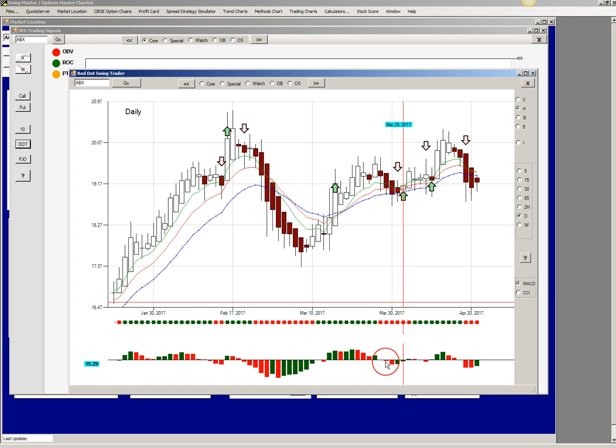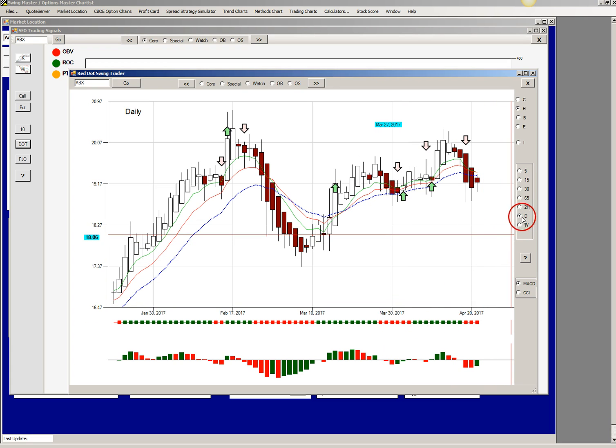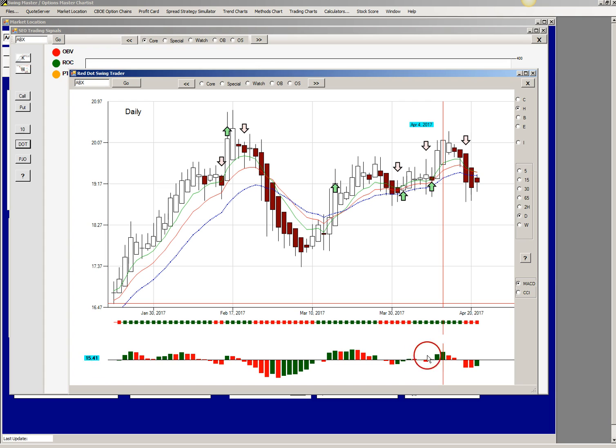The bottom indicator panel is a histogram of the MACD, and on the daily candles it's a 5-34-5 MACD. The basic rule for trading the MACD histogram is that you want to be long when the histogram is above the zero line, and short or out when the histogram is below the zero line.